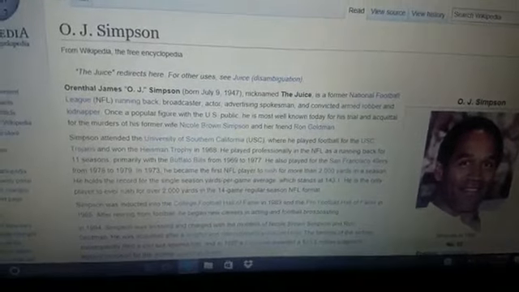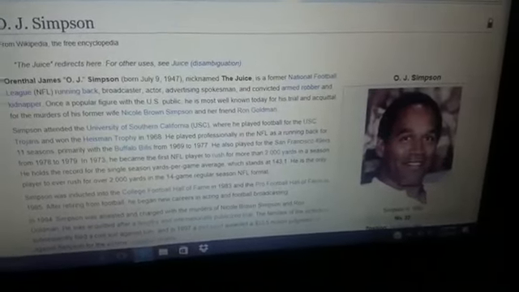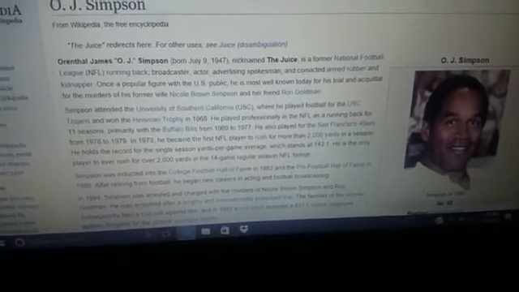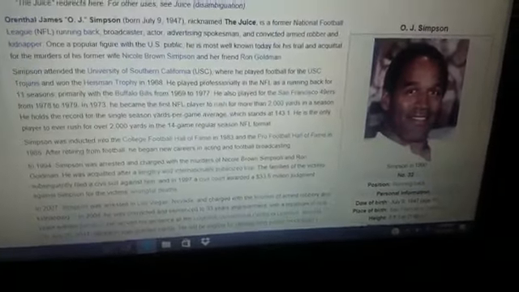This guy, O.J. Simpson, is a subject of MK Ultra, and I'm going to show you some numbers connected to his life, his career in college and in the NFL, and also the numbers connected to him and his famous trial.